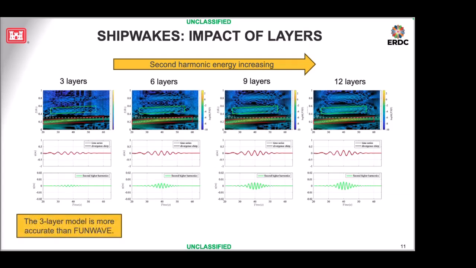You should also note in the leftmost figure, the 3-layer model is more accurate than FUNWAVE and does sufficiently well, as we no longer see these fake higher harmonic energies. And while the second harmonics are weak, they're still present.